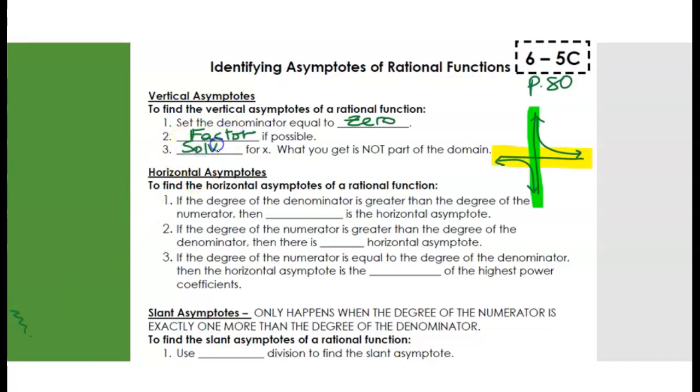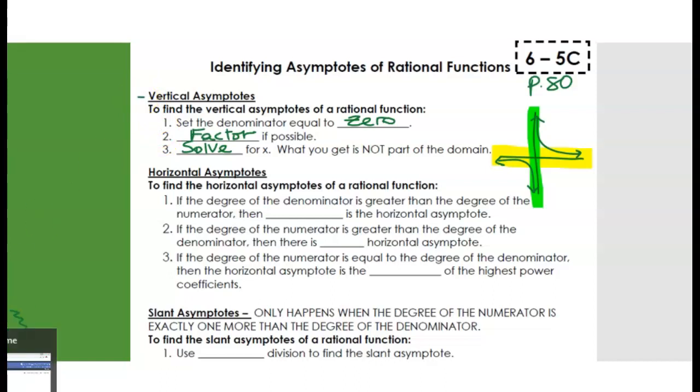This should all be familiar because it's the same steps for when you are finding the domain, right? The x values that you can't have, you can't have them because there's a vertical asymptote.